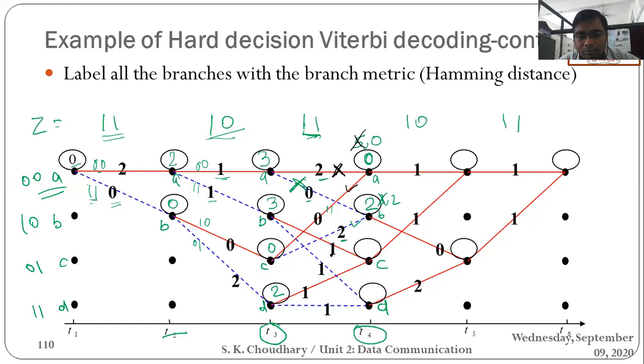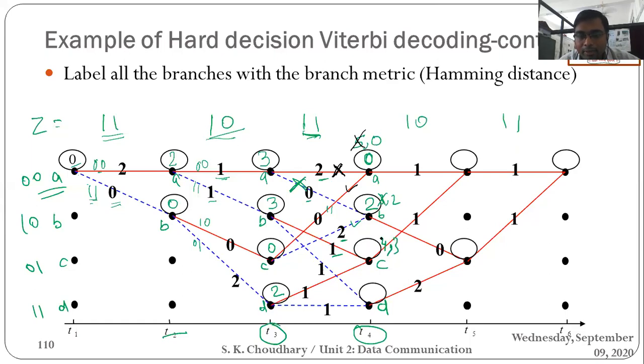You have the Hamming distance 1. So 3 plus 1 is 4. And at C the other input is coming from D, when it receives the input 0. When you are at D and receive the input 0, your output is 0 1. And 0 1 and 1 1 compared give a Hamming distance of 1. So 2 plus 1 is 3.